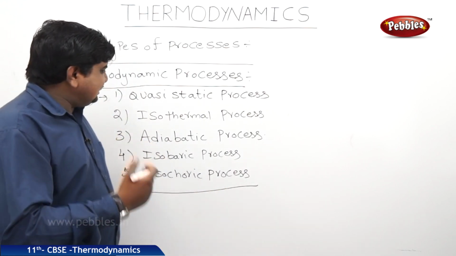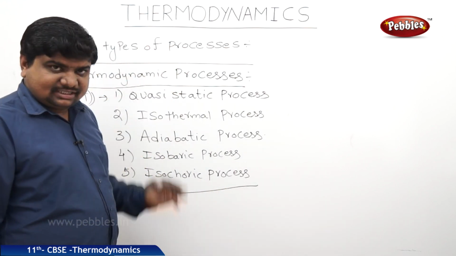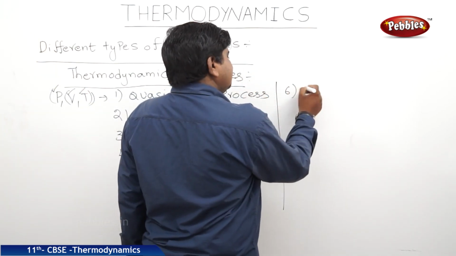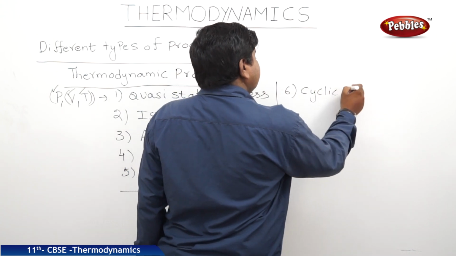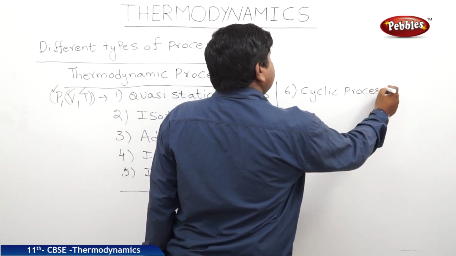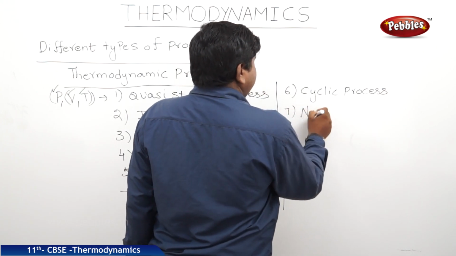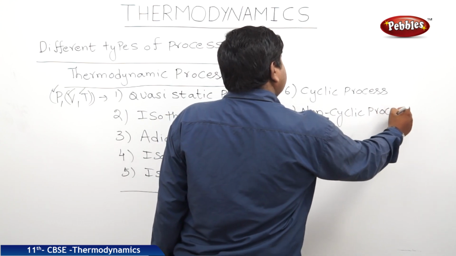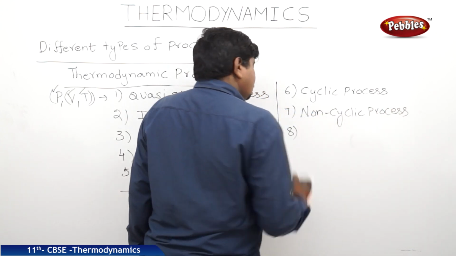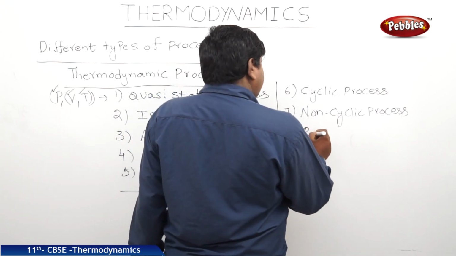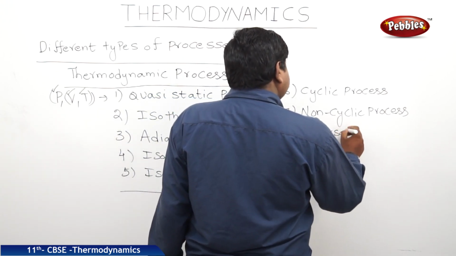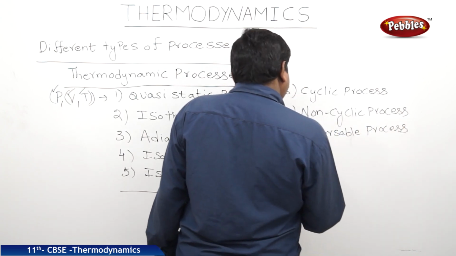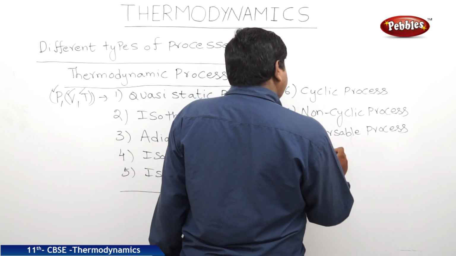These five are listed as the different thermodynamic processes. Along with these five, more are there: sixth, cyclic process; seventh, non-cyclic process; eighth, reversible process; ninth, irreversible process.